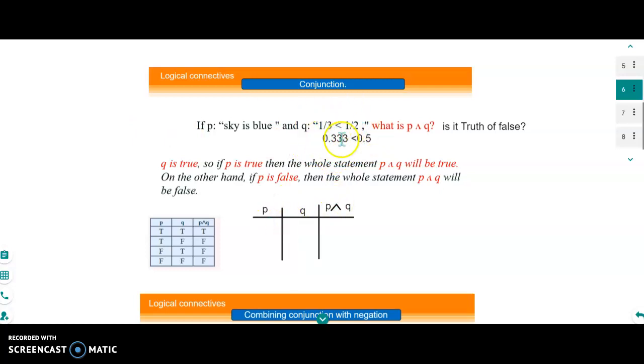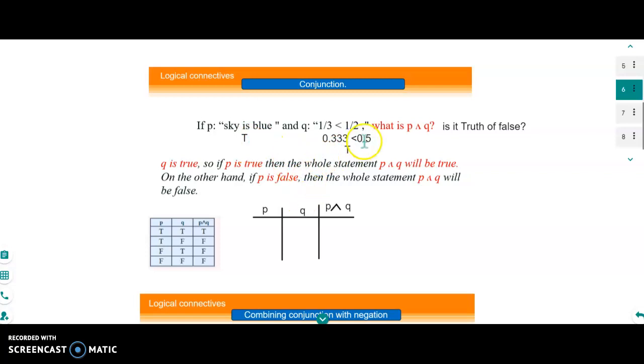Oh, I'm sorry, I was here. P, the sky is blue. This is true. And we already have the truth value of Q, and we realize that this is true also.